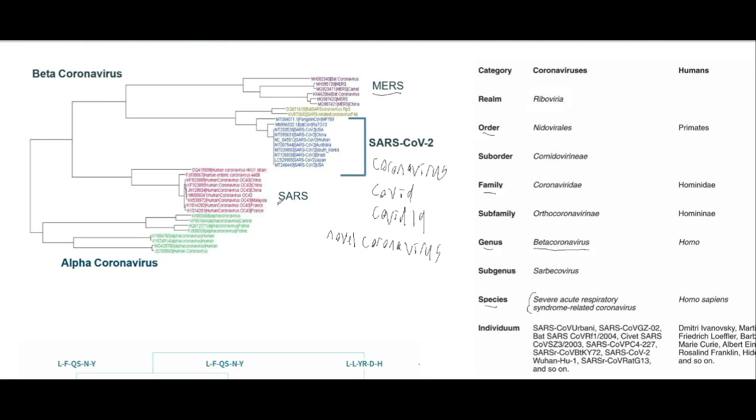This was SARS from back in the early 2000s, what back then was just called SARS. You can see how that's branched off here from SARS, and then how MERS and SARS-CoV-2 branched off here.